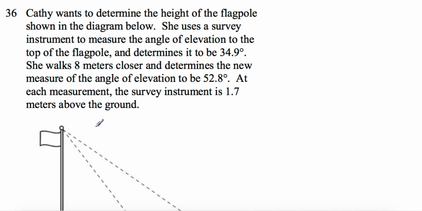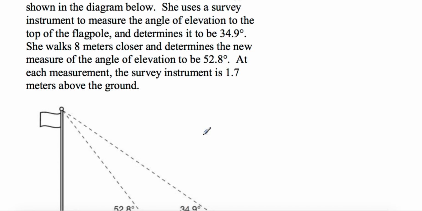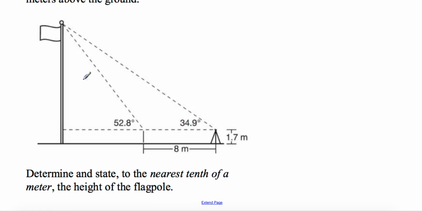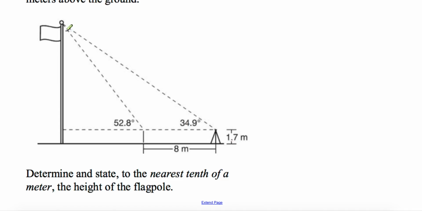Here, Kathy wants to determine the height of the flagpole. So we see the picture over here, and then we want to see how long this one is. Since this one is equal to 8, this is the type of question that we've been looking at many times. The most important line segment will be the one in the middle, because it is shared by both triangles.